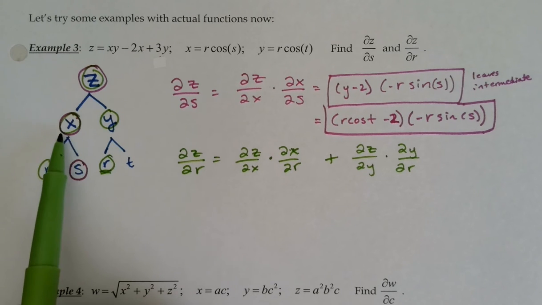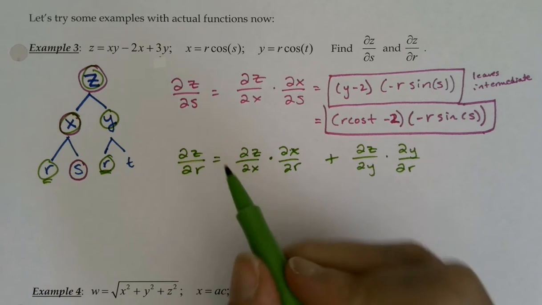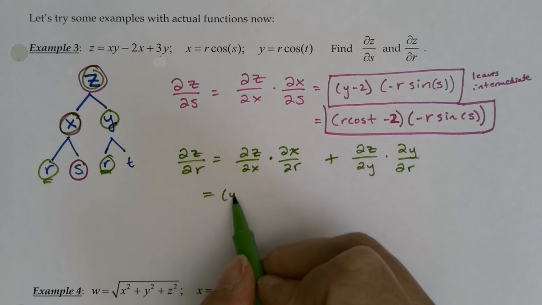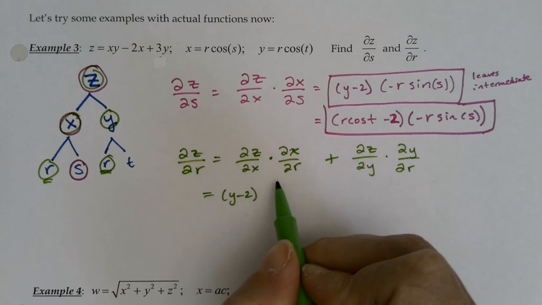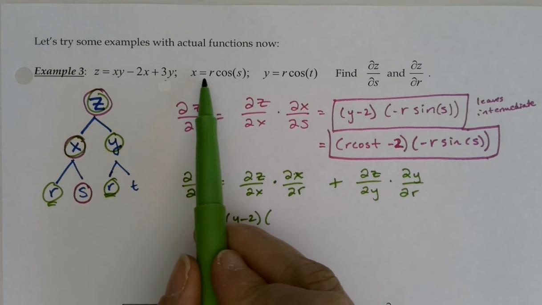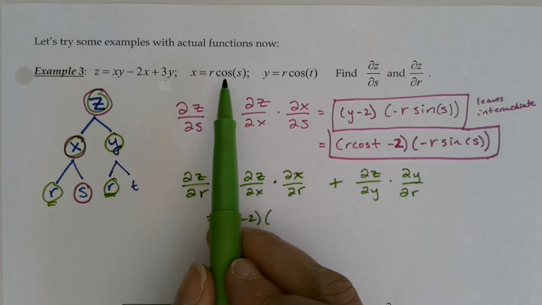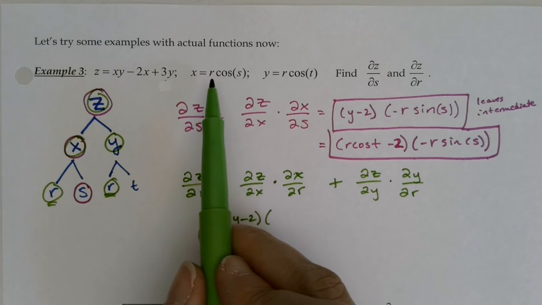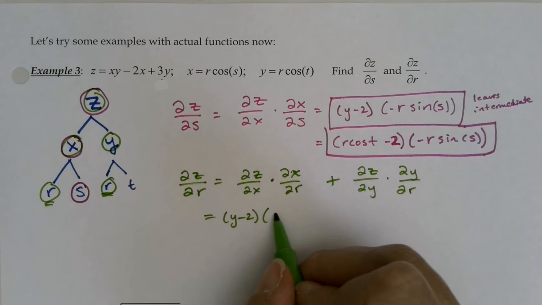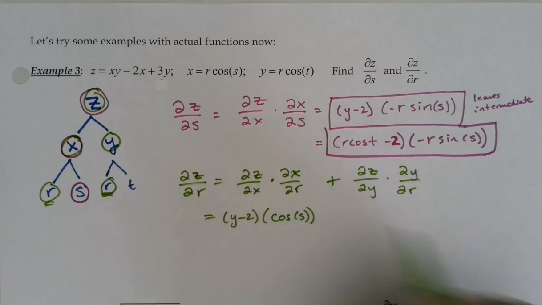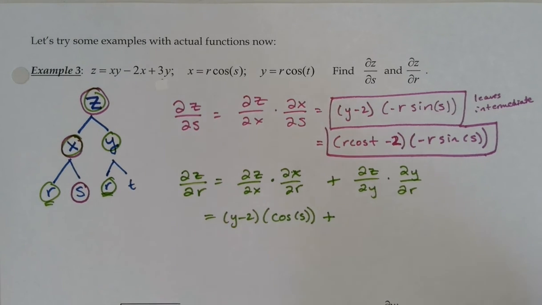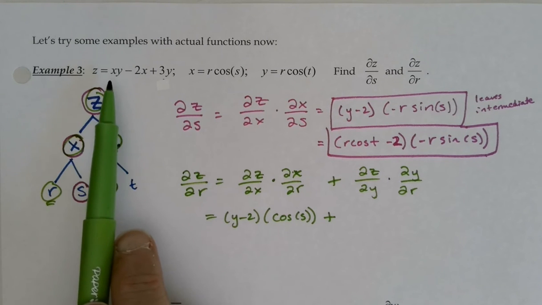All right, so let's start with this one. So derivative of z with respect to x, we already know that's y minus 2. So that's y, take away 2. Derivative of x with respect to r, well, that would mean that r is your variable and the cosine of s is constant, just some number. So a number times r, the derivative is the number. So it would be cosine of s plus, okay, now the derivative of z with respect to y, that's new.